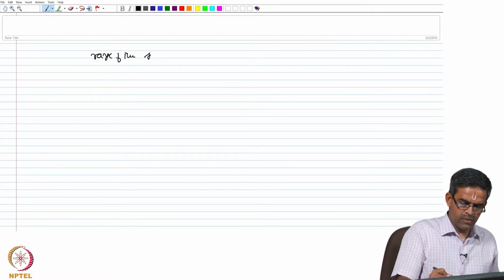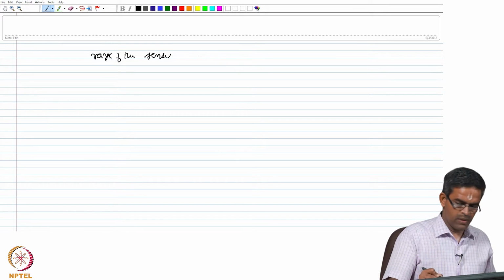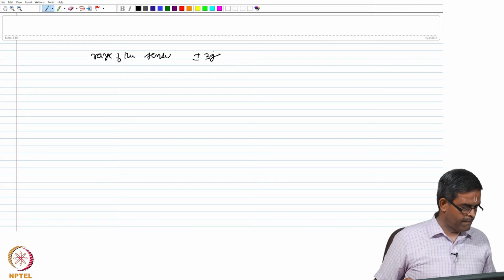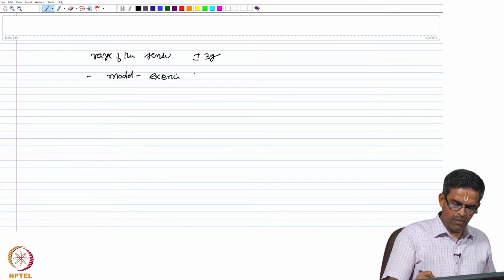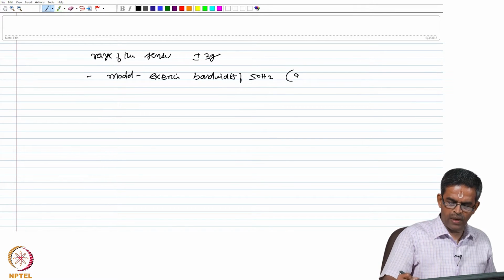The range of the sensor is plus or minus 3 G. Of course, the model is going to exercise a bandwidth of about 50 hertz. So, that is a prior knowledge which is known from the analytical studies conducted earlier.